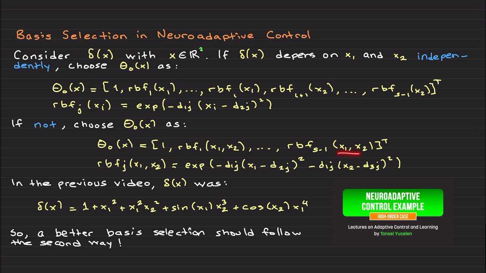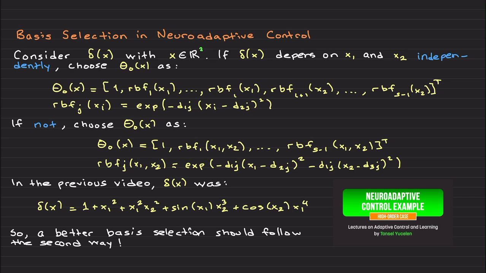Basically, this radial basis function now depends on x1 and x2 with different centers. You can use the same width parameter here. I would like to discuss this in this video. I am going to show you an example so that how we choose those centers will be crystal clear. Bear with me for a couple of seconds.